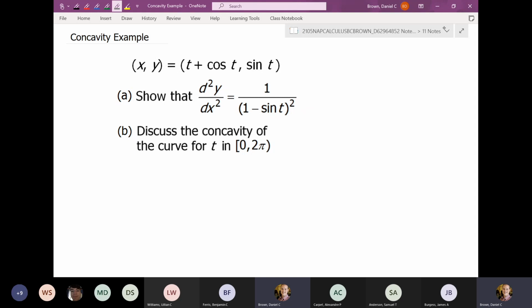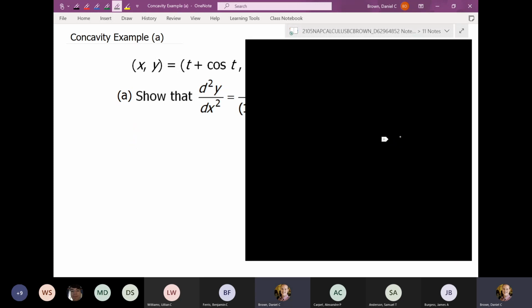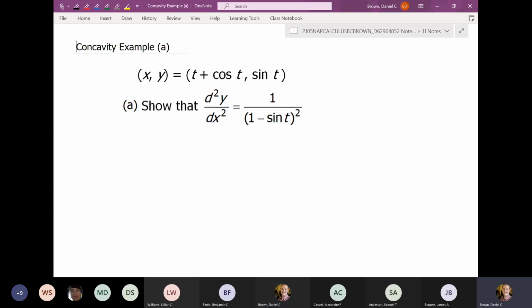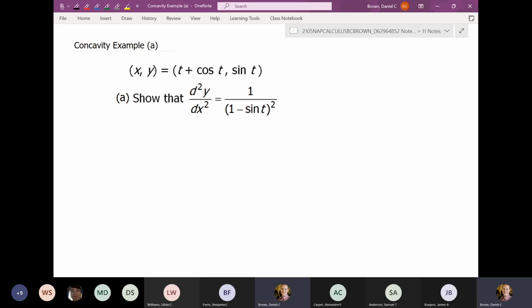So let's find the derivative first. We want to find the second derivative of that curve. Step 1, can't find the second derivative until you have the first derivative. New formula.